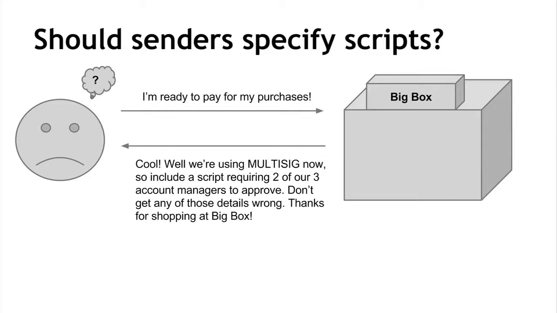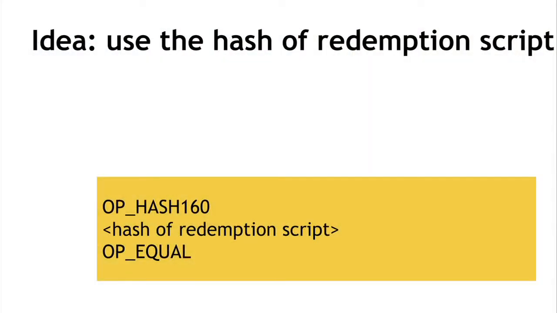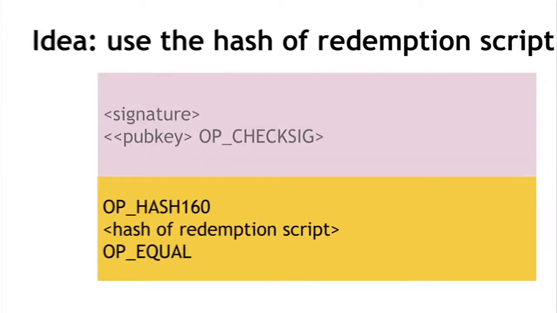So in response to that problem, there's a really clever hack in Bitcoin, which is that instead of having the sender specify the entire script, the sender can specify just a hash of the script that is going to be needed to redeem those coins. This looks like the sender specifying a very simple script which just hashes the top value on the stack and checks to see if it's equal to the required redemption script.